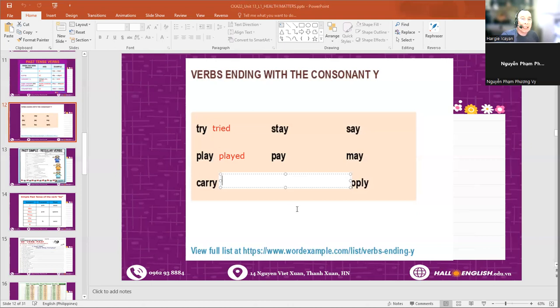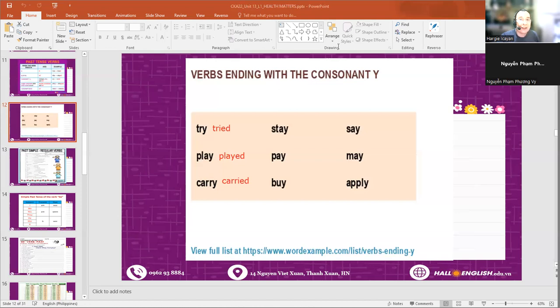Next, what about carry? Carry. So that would be C, A, R, R, I, E, D. Yes. Okay, so carry is carried. Why? Because the word carry ends in Y but is preceded by a consonant letter.